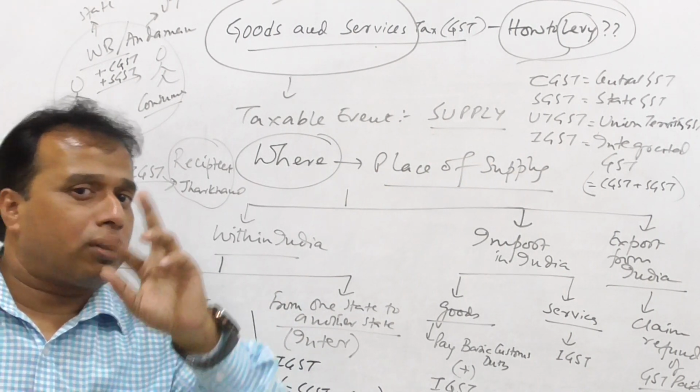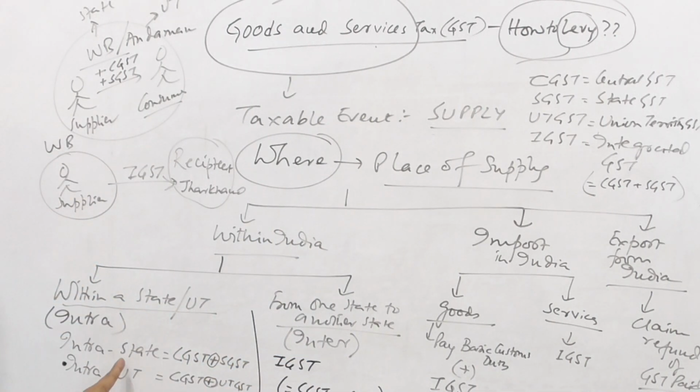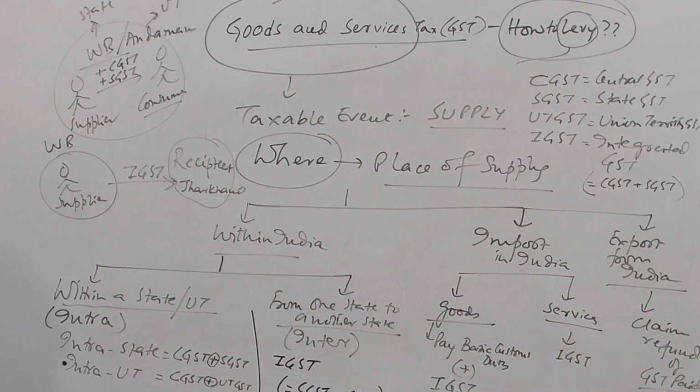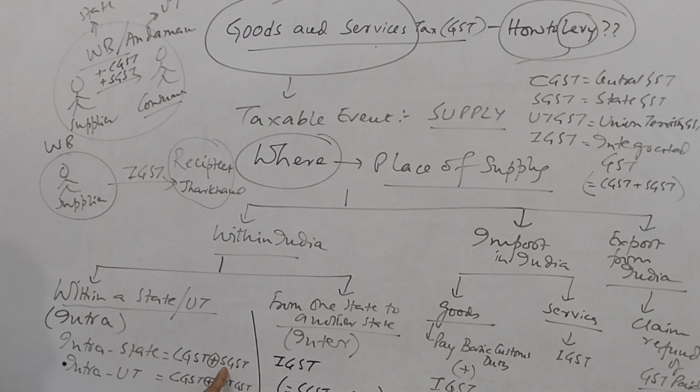And since it does not cross the state border, intrastate or intra-UT, central GST plus SGST will be levied, or if it is within a UT, Union Territory, then central GST plus UT GST will be levied.